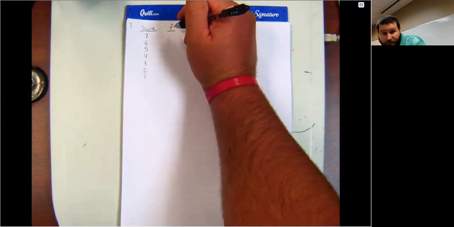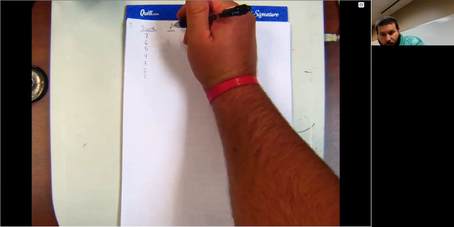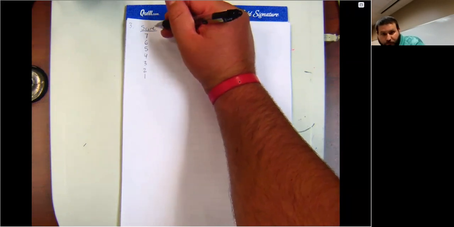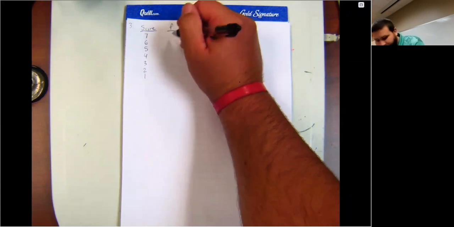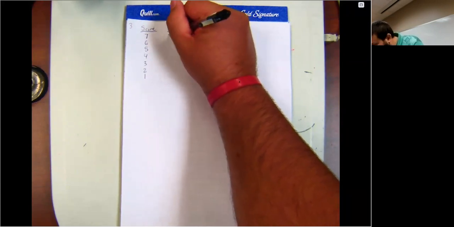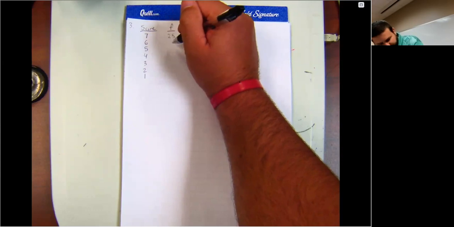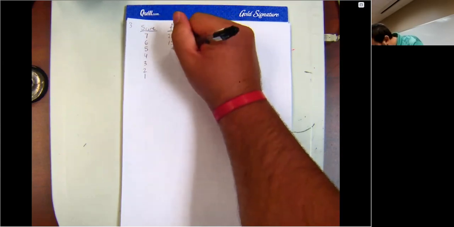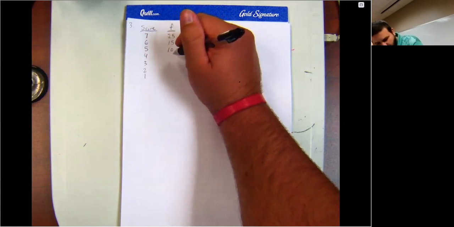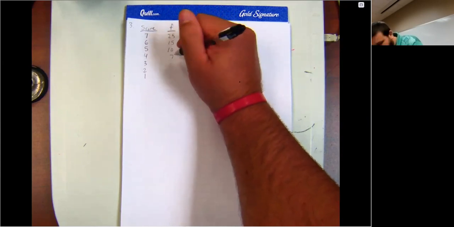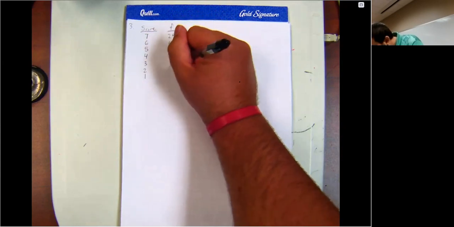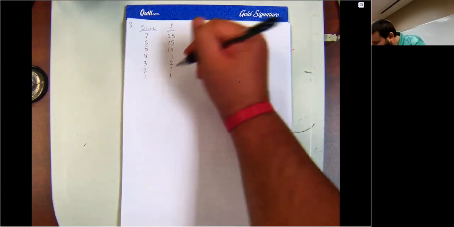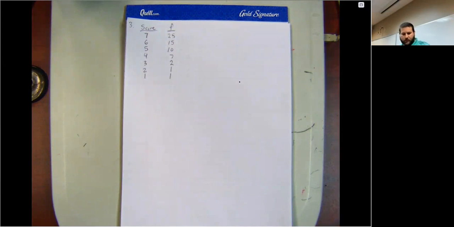I'm doing this opposite of what's printed in the pretest, just reversing them to put the high number at the top. Frequency for 7 was 25. For 6 is 15. For 5 is 10. For 4 is 7. For 3 is 2. And for 2 is 1, and 1 is 1. So 25 people indicated a score of 7, 15 people a score of 6, 10 a score of 5, and so on.